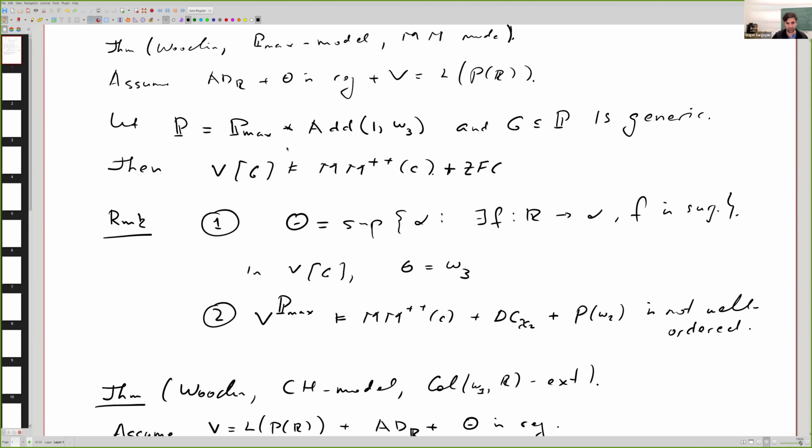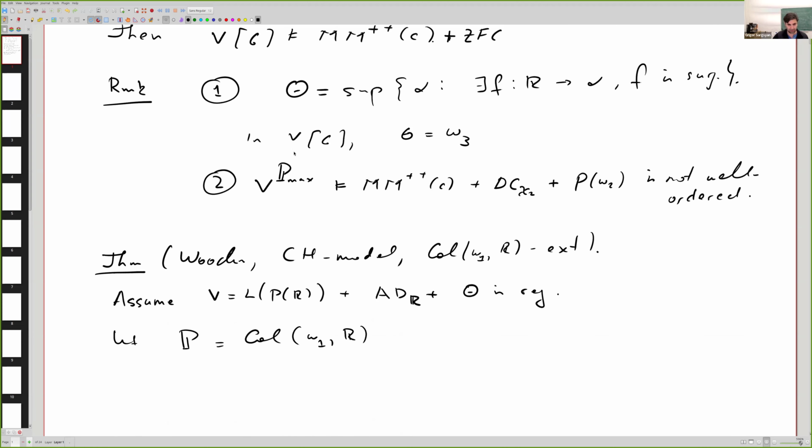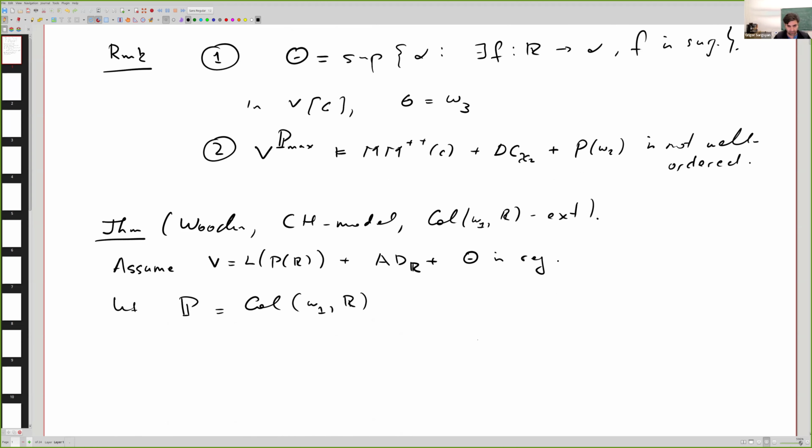But DC holds, so things make sense. And here we are doing Add(1, omega 2), and G is generic.